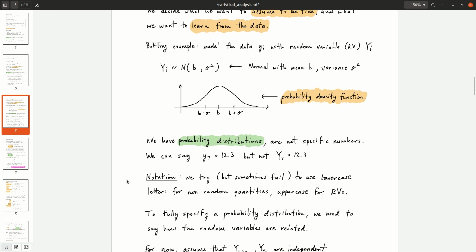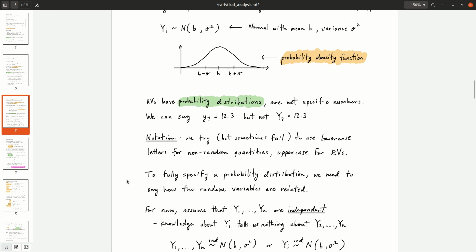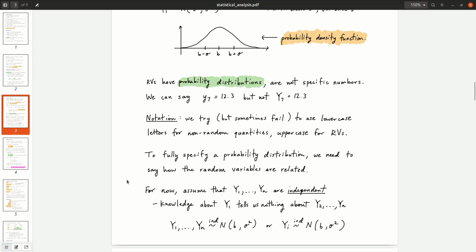Now the notation we'll use in this course, and I'll point out when we fail to do this, is that we're going to try to use lowercase letters for non-random quantities. So for example, we're using lowercase y for the data, which is a non-random quantity. It's just a number. And a lowercase b for this parameter describing the mean of the normal distribution. And then we'll use uppercase letters for random variables, for example, this random variable Y sub 7.